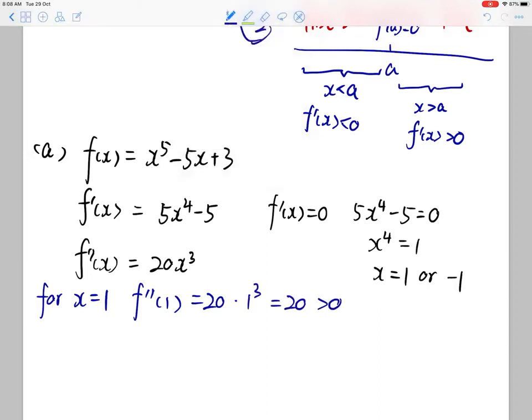And you know that your first order derivative is 0. Combining these two facts, f at 1 is a local minimum, because the second derivative is positive. This is the method of the second derivative test.